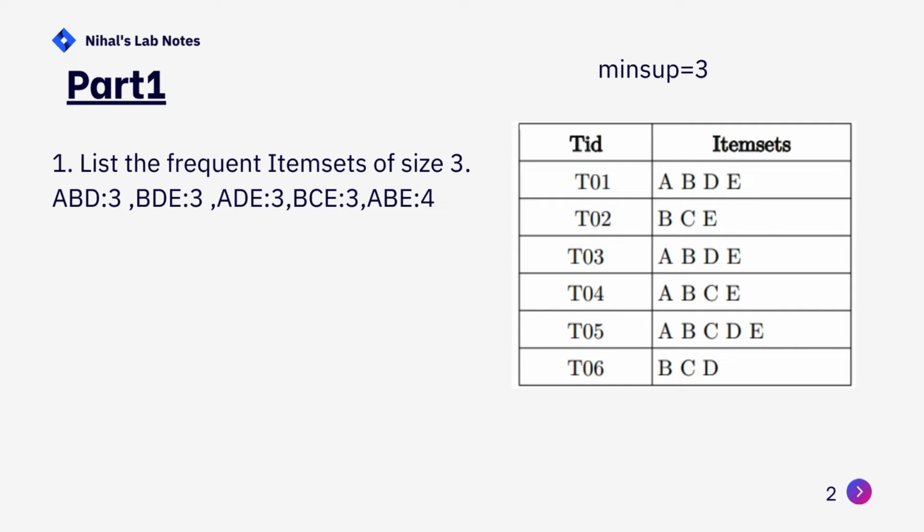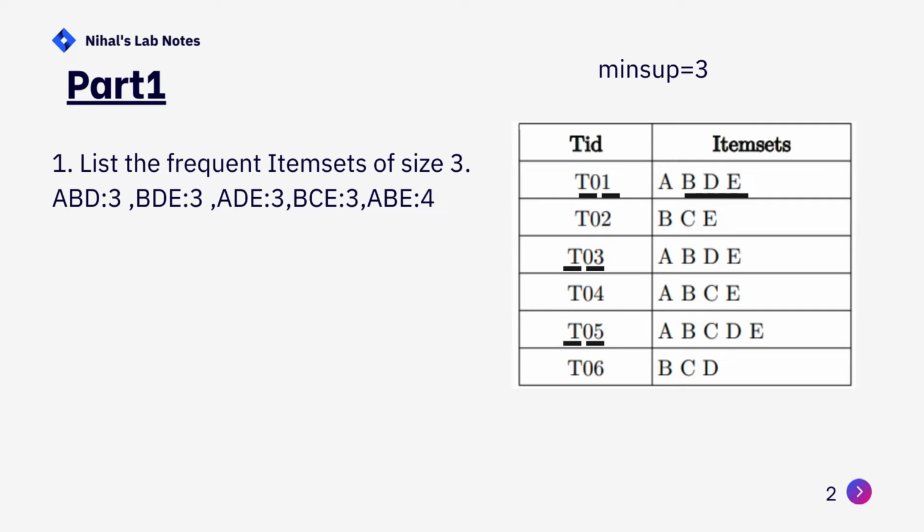Let's start with ABD. Is it frequent? It appears in T01, then T03, then T05. So its support is 3. It's frequent.